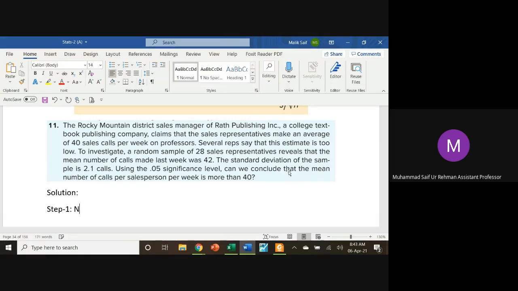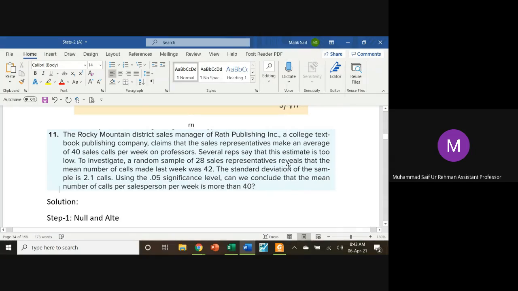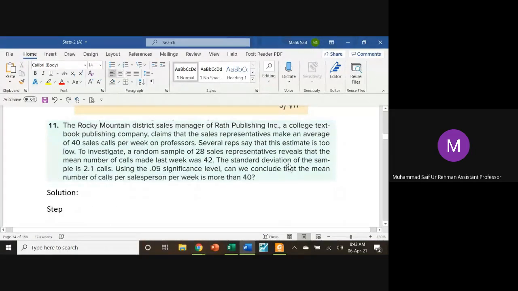What is step one? Null and alternate hypothesis.